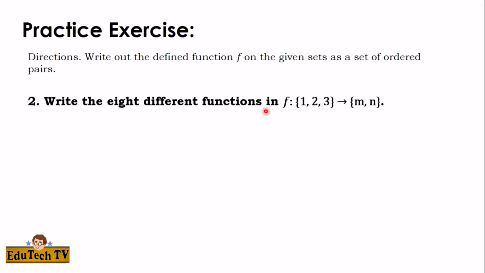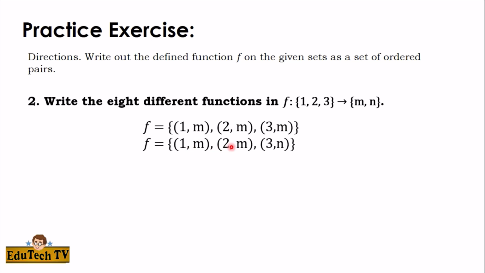Write the 8 different functions in 1, 2, 3 to m, n. So ang gagawin nyo lang is combine nyo tong tatlong ito doon sa m muna. So the first function then is 1m, 2m, 3m. Then yung susunod na function natin, palitan nyo yung last ordered pair, yung y niya ng n.